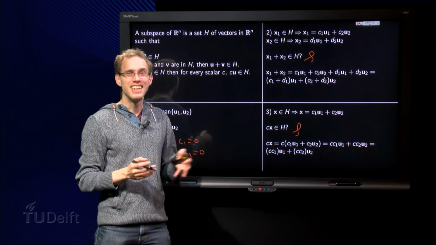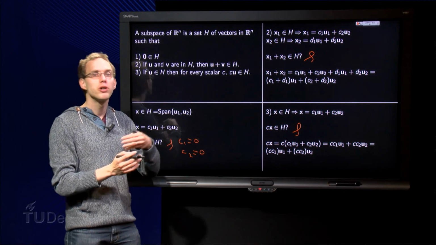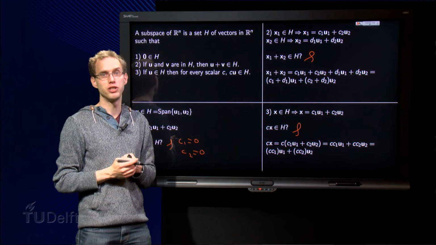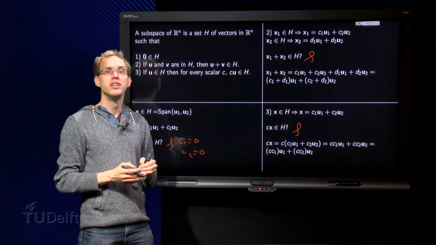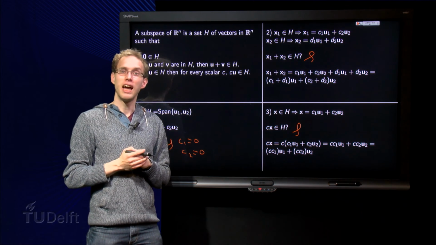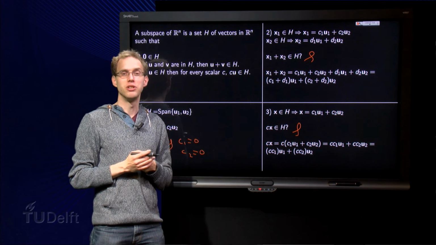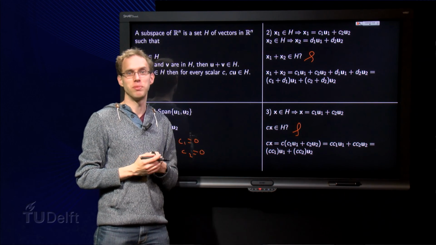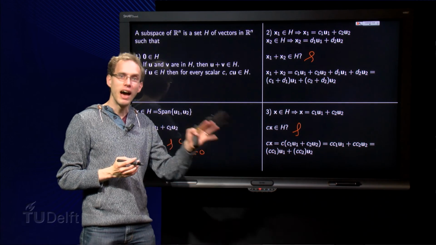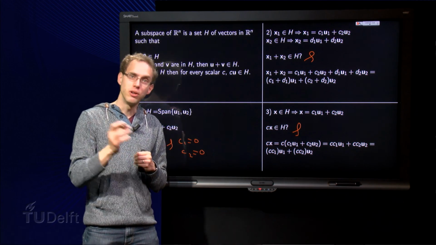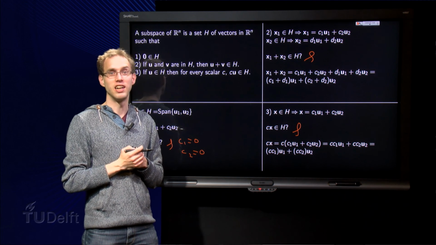So you can already guess that there are more subspaces than just spans, or that it might be difficult to express subspaces as a span. So, indeed, not every subspace is a span, and sometimes it's not so easy to write a subspace in terms of a span. So, any span is a subspace, that's what we have proven here, and not every subspace is necessarily a span.